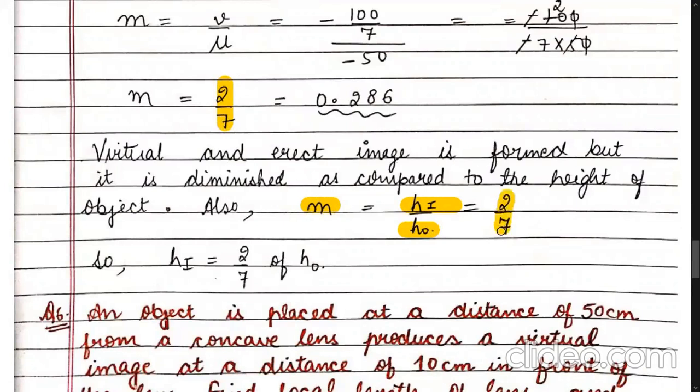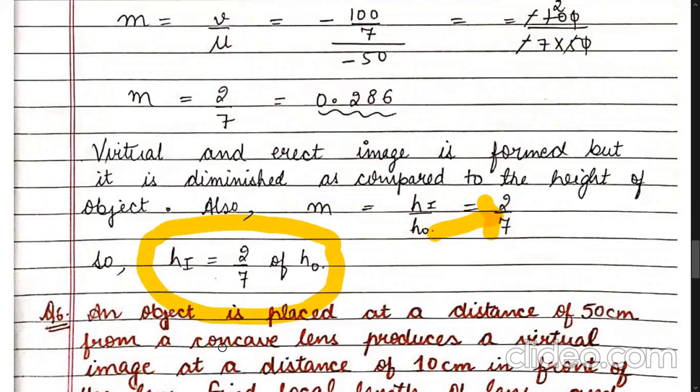So I'm writing magnification as 2 by 7. So let us do cross multiplication, or you can take height of object on the right side. So your answer comes height of image is equal to 2 by 7 of height of object.